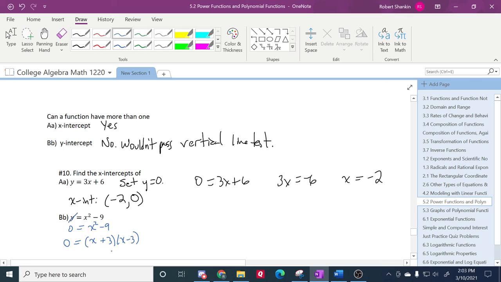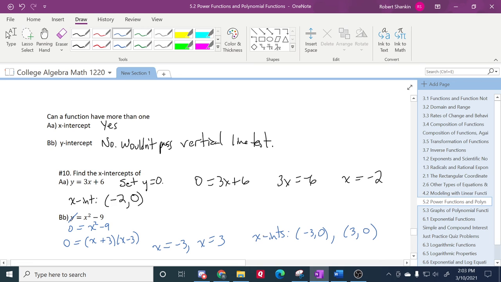If I factor it, I can tell that x is equal to negative 3 and x is equal to 3 are both solutions. Negative 3 causes this one to be 0. Positive 3 causes the second parenthesis to be 0. So my x-intercepts are negative 3, 0, positive 3, 0.